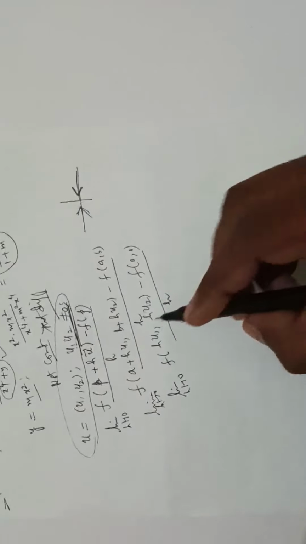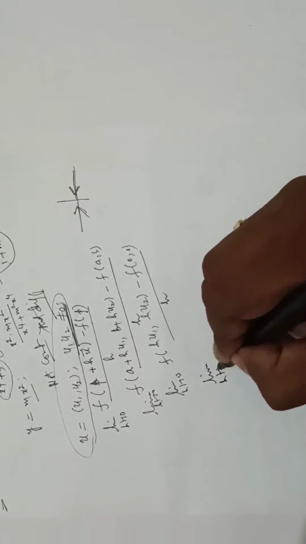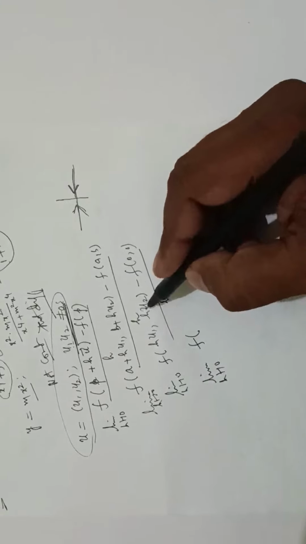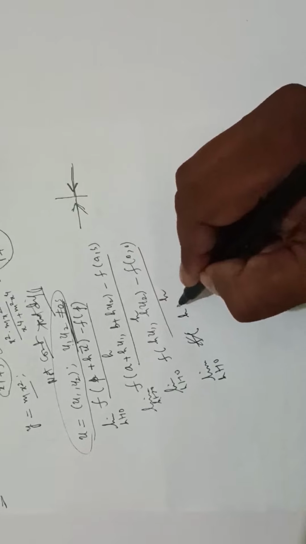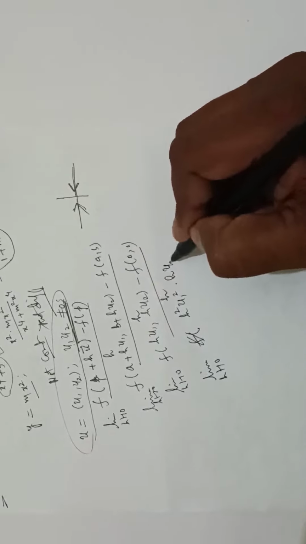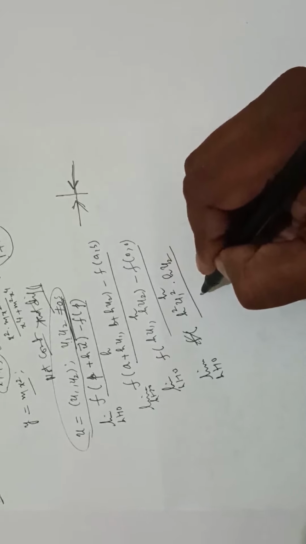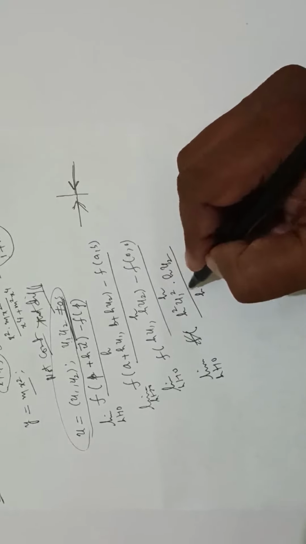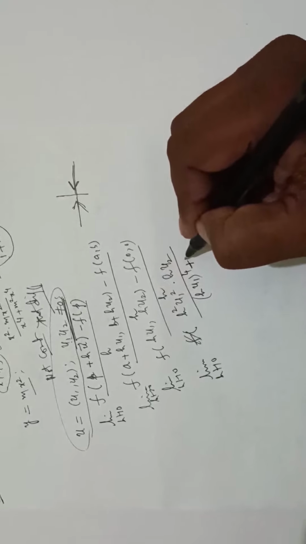Now this implies the limit as h tending to 0 of f of h u1, h u2. Just plug it in: h square u1 square times h u2 by h u1 whole to the power 4 plus h square u2 square.